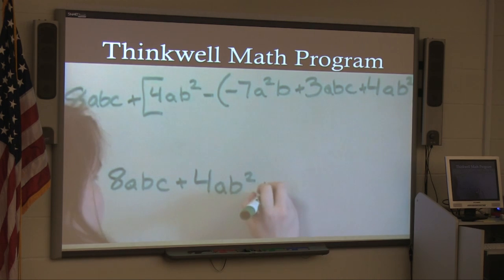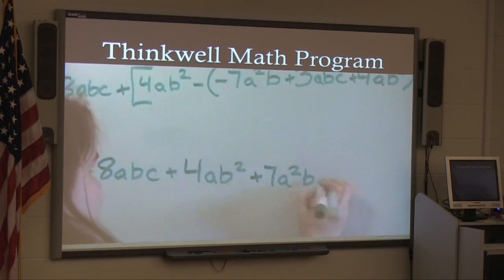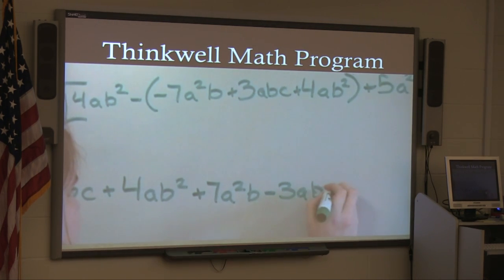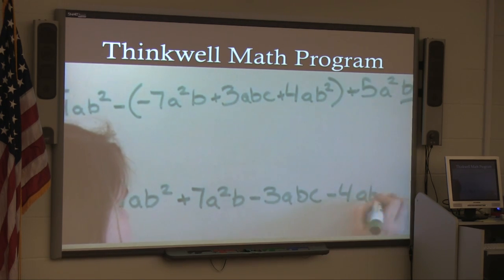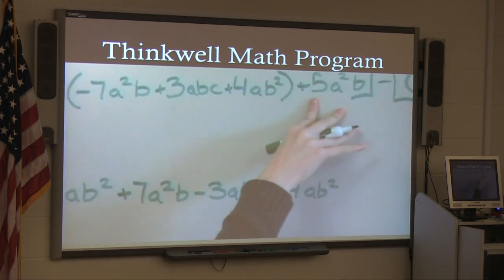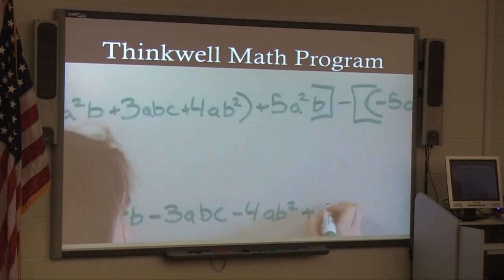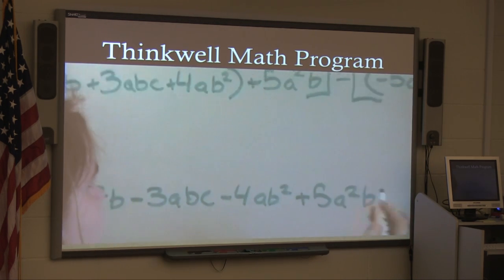So this would be adding 7a squared b, subtracting 3abc, subtracting 4ab squared, and then this sign stays the same because this was addition. So plus 5a squared b.